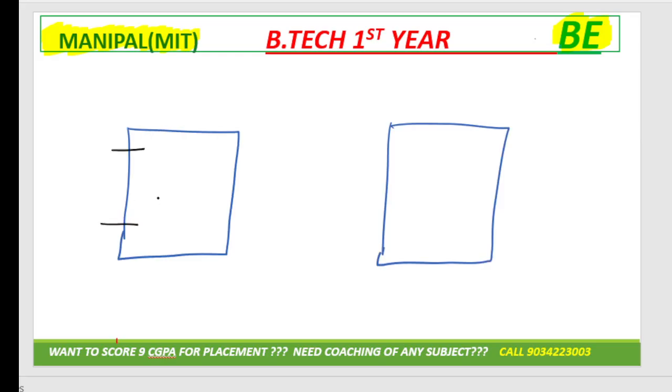So suppose this is flip-flop 1 and this is flip-flop 2. This is J1, K1. This is J2 and K2. This would be Q1 and Q1 bar.